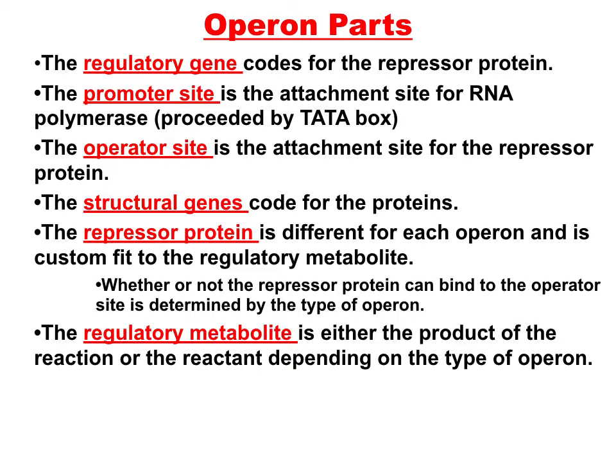That word metabolite just means that it is a molecule produced by the metabolism or needed by the metabolism of a bacterium. So it could either be the starting point or the ending point of some biochemical pathway in the metabolism of that bacterium. Its presence helps regulate the function of these genes by turning the repressor protein on or off. And it can only bind to the operator when it's on.